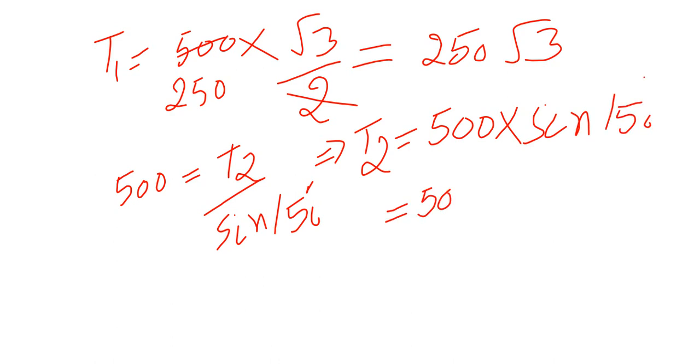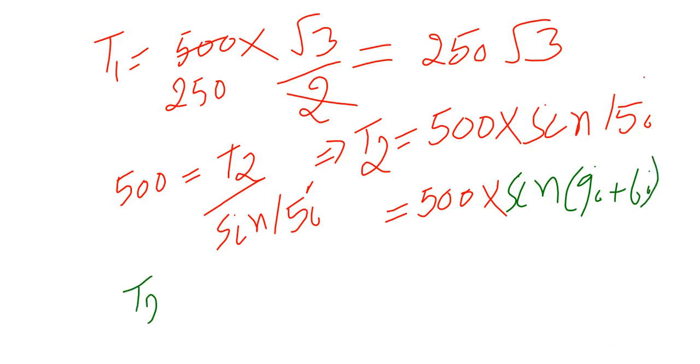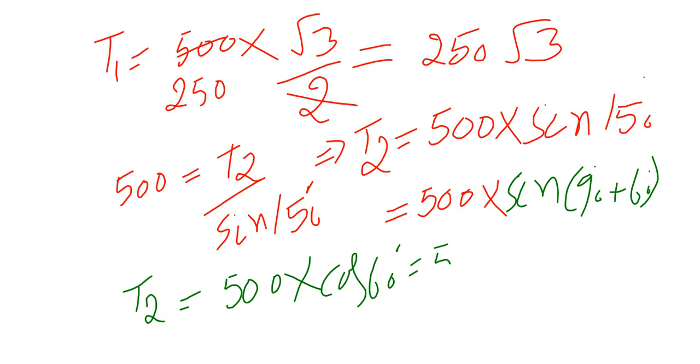Sin 150 is sin of 90 plus 60 degrees, that is cos 60. So 500 into the value of cos 60, which is 1 by 2. So its value is 250.